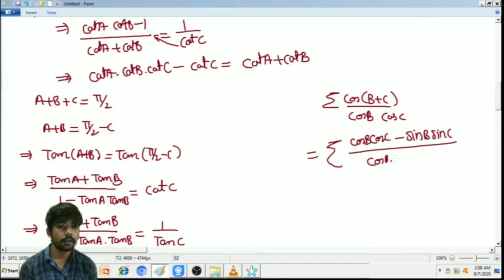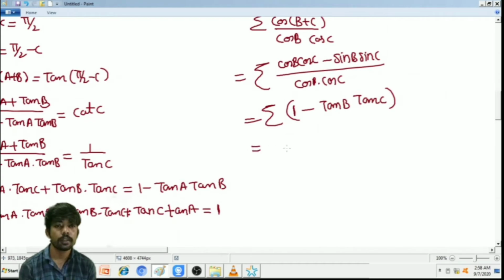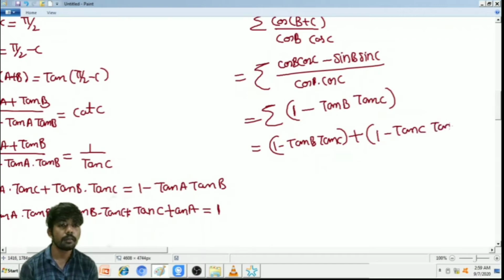Now separate. cos B cos C by cos B cos C is 1, minus sin B by cos B is tan B, and sin C by cos C is tan C. Hence, if I expand this further, I get the summation (1 − tan B tan C) + (1 − tan C tan A) + (1 − tan A tan B).